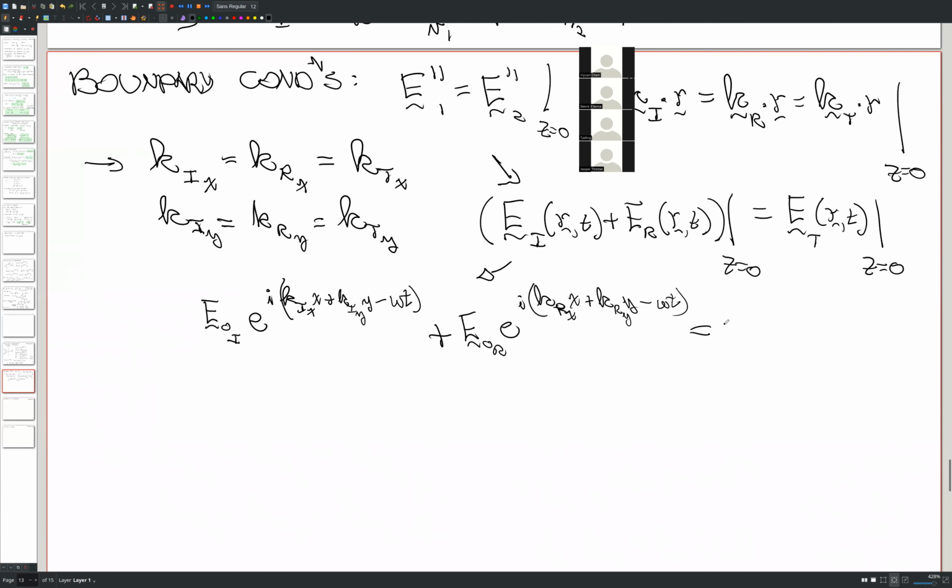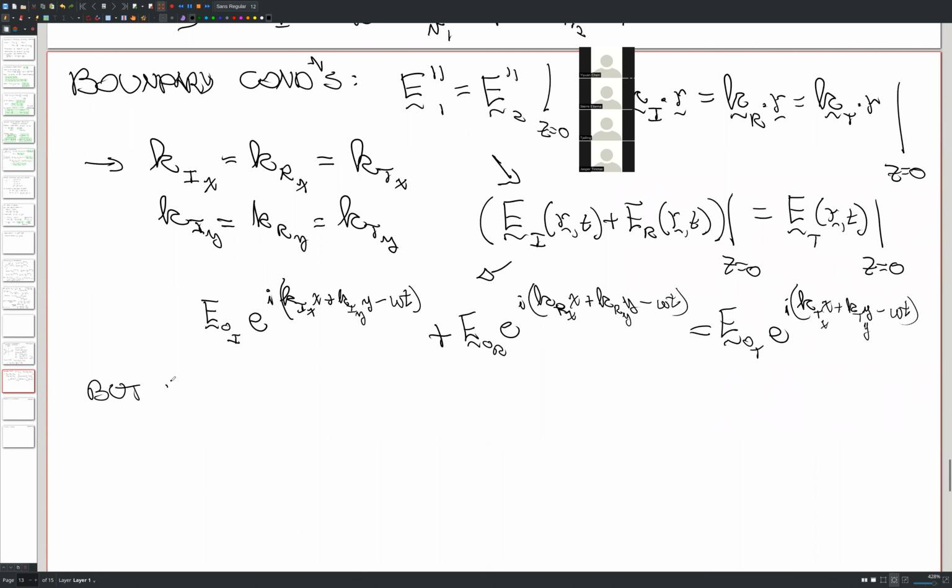This has to be equal to E transmitted times e to the i, k transmitted x component times x plus k transmitted y component times y, minus omega t.